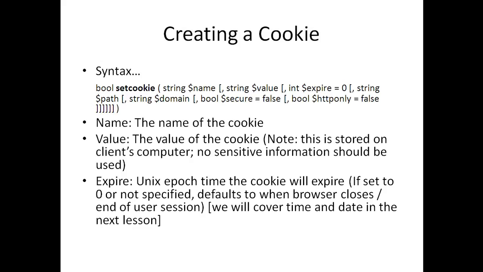Time and date is covered in the next unit, so we'll talk about how to use Unix epoch time. There's a reason why I put time and date after session cookies, and it has to do with the labs and a few of the other order of prerequisites in order to cover it. So here's name, value, expire.